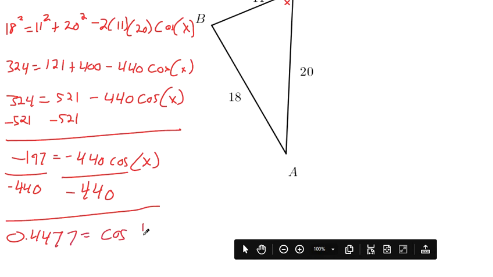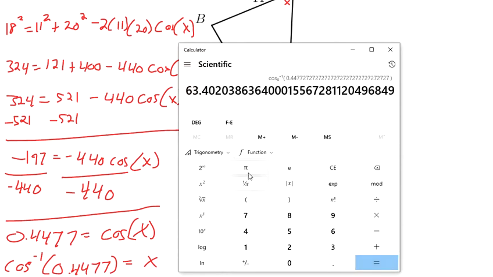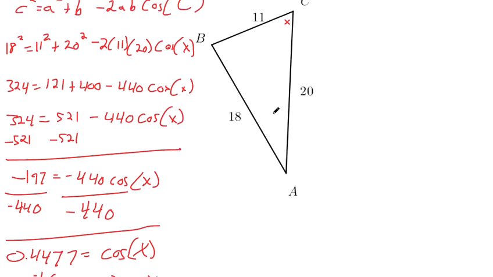And now to get x by itself, x is inside a cosine function, so you can use arc cosine. Or cosine to the negative first, but that actually means the inverse cosine. It's ugly notation. I hate that notation in mathematics, but unfortunately that's what we see. So 63.4 degrees for angle C.